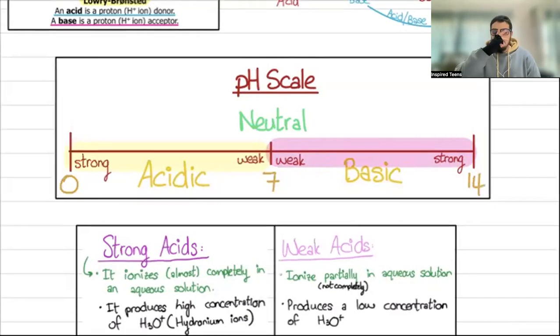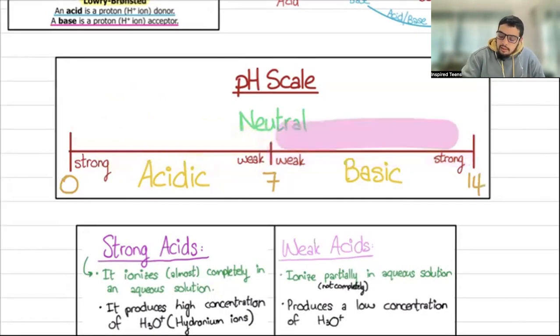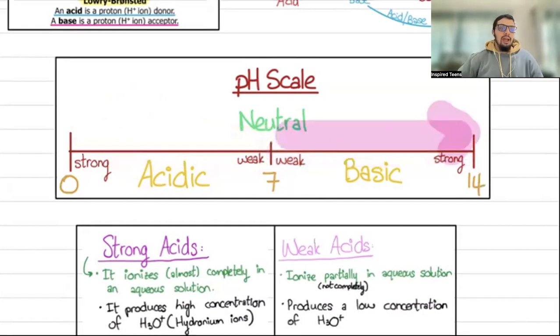So if 7 is neutral, the further away from 7 we go on either side, on the left-hand side, the further away from 7 we go, the more acidic it is. That would make sense because it would be less neutral. So basically, lower numbers are strong acids. The closer it is to 0, the stronger acid it is. And the further away from neutral we are towards the right, the more basic it is. So the closer we are to 14, the more basic, the more alkaline.